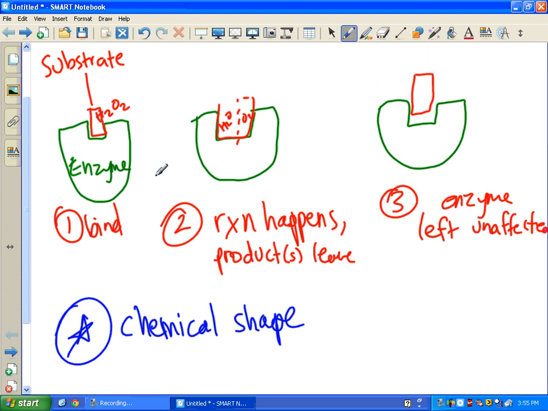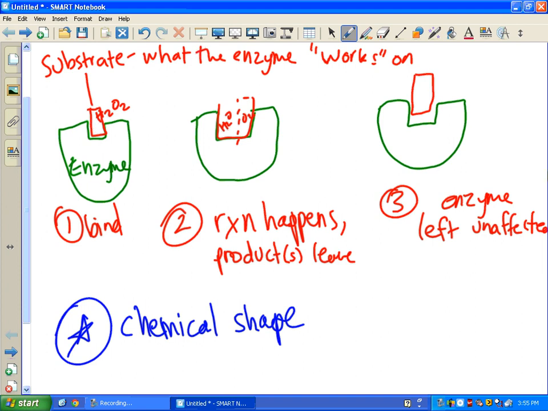The enzyme does the speeding up, and the substrate is what the enzyme works on. In this case, it was the hydrogen peroxide. The peroxidase found the hydrogen peroxide, broke it up.